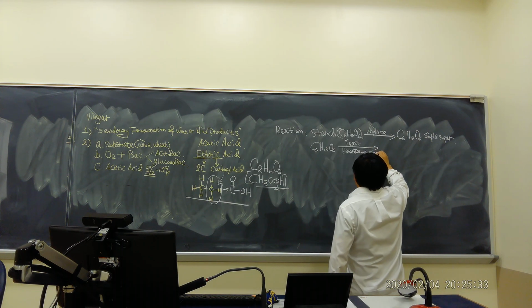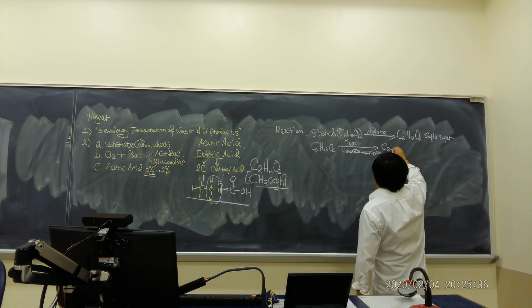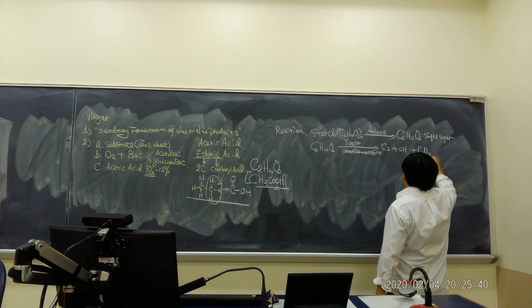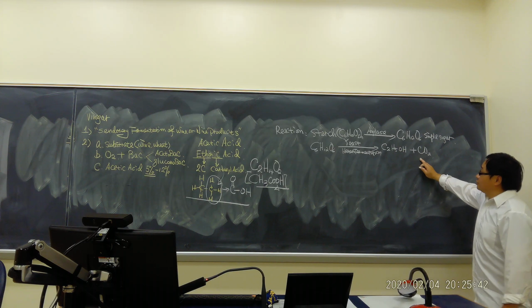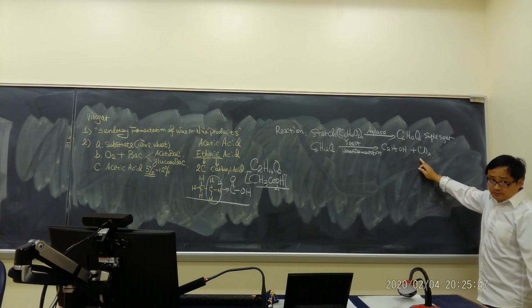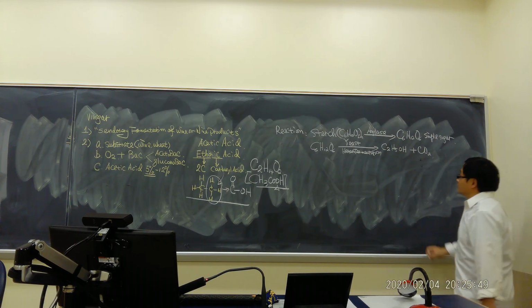Generate what? C2H5OH. Add CO2. This is the one we learned. Generate wine or even beer. Is that right? That's why you have a bubble, carbon dioxide. This is alcohol.